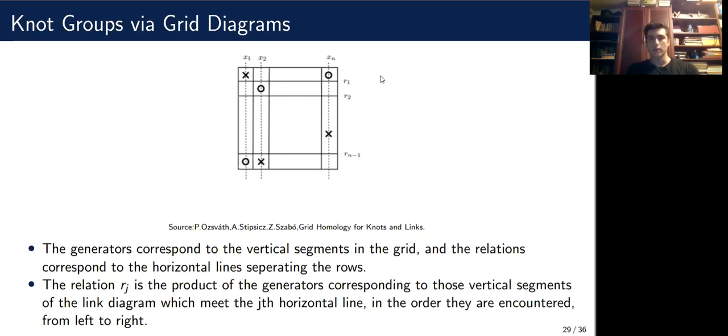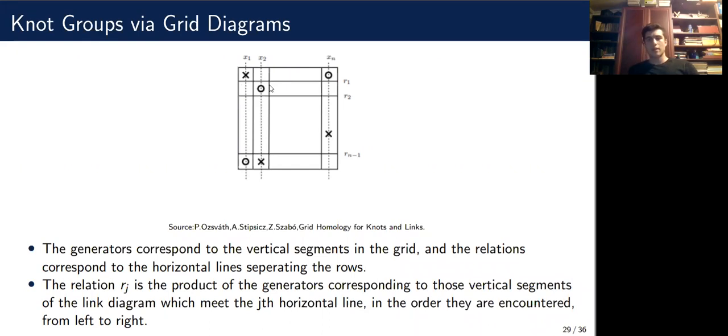For example, the first relation is x1 times xn equals 1, because x1 and xn are the only vertical lines that meet the first line. And the other ones can be written similarly.